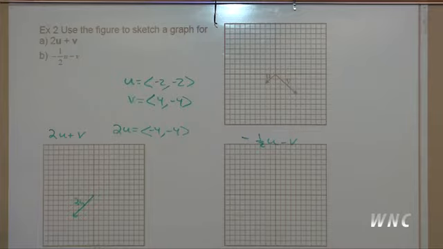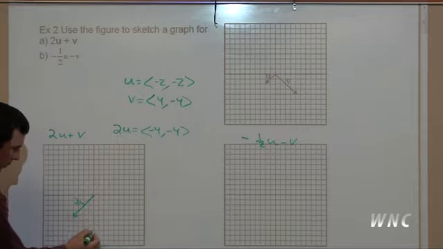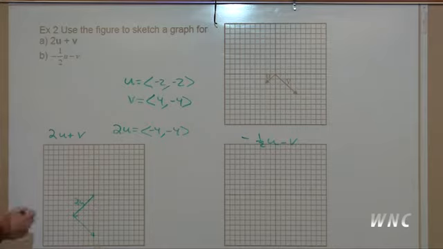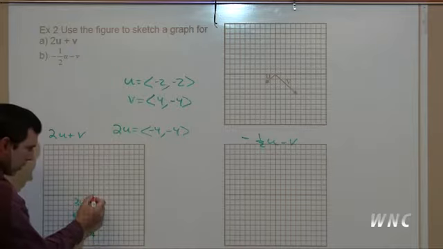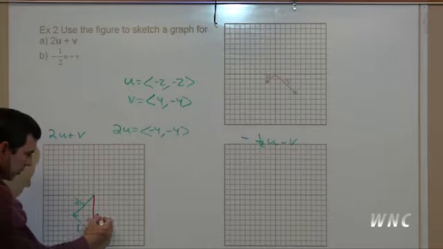And V is going to be going to the right 4, 1, 2, 3, 4, and then down 4, 1, 2, 3, 4. So the resultant vector is there, 2U plus V.